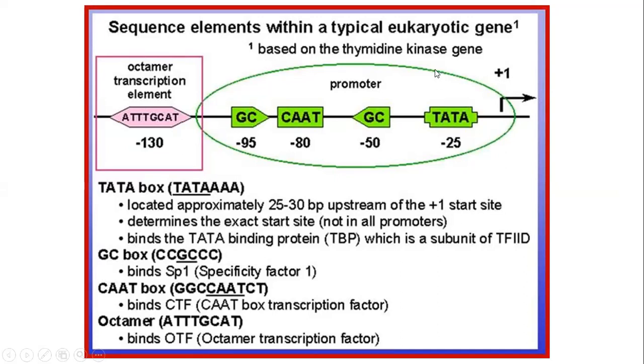This sequence is specific for transcription factor IID binding. This sequence is specific for some other transcription factor. They have a specialty for the unique binding of a specific protein called a transcription factor. For example, the TATA box is located approximately from the start site, and again it may not be a universal rule.